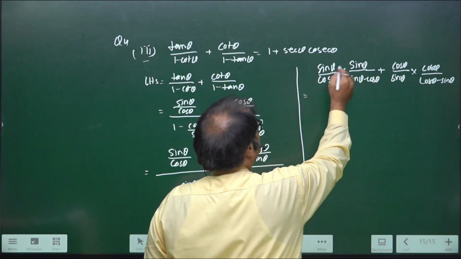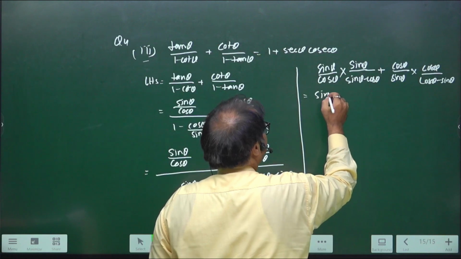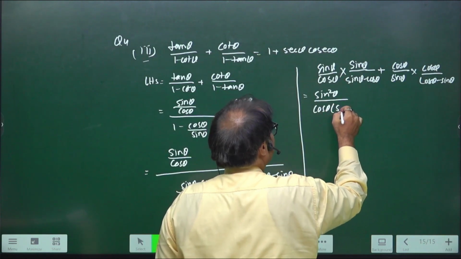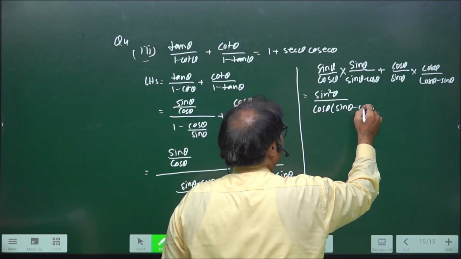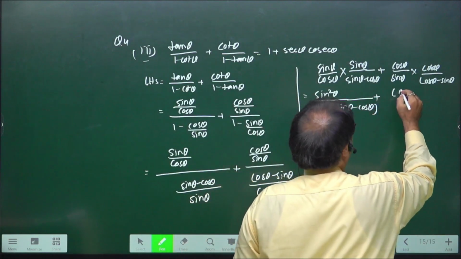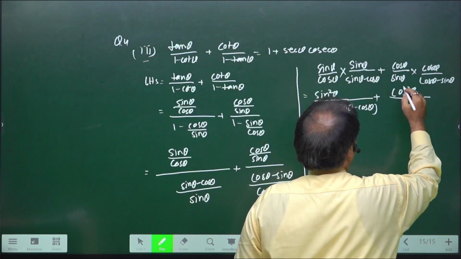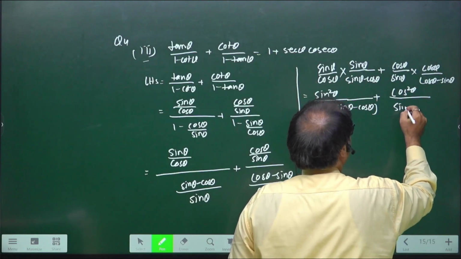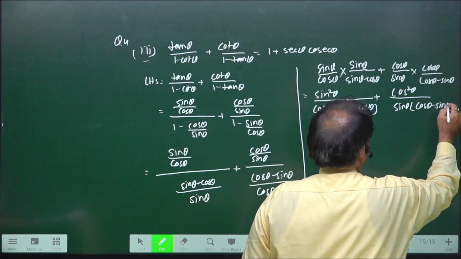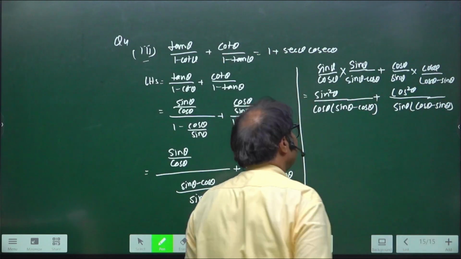So this is sin square theta divided by cos theta into sin theta minus cos theta, plus cos square theta divided by sin theta into cos theta minus sin theta, right?